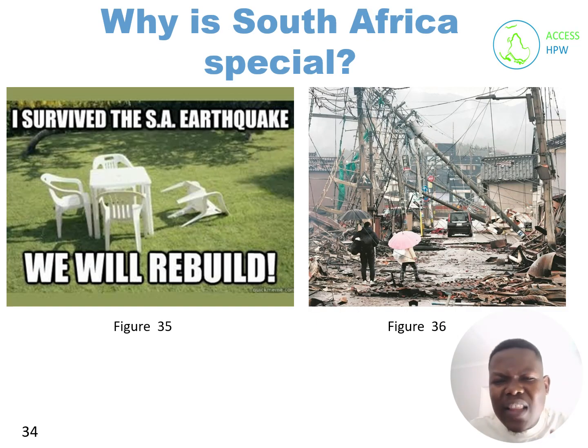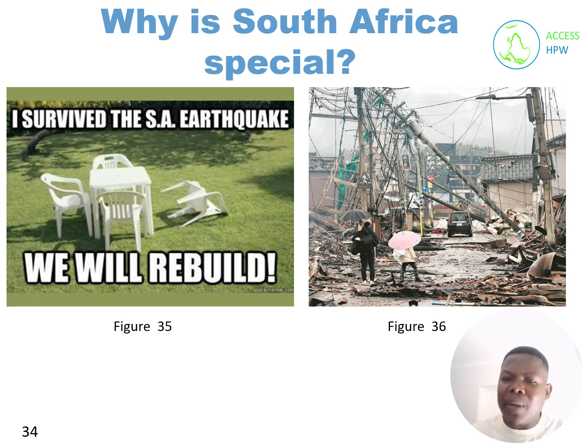So why is South Africa such a special place, right? If you remember, we talked about earthquakes. If you check in figure 36, in other countries like Japan and China, whenever they get hit by earthquakes, they lose their homes, they lose their cars, they lose their roads. In fact, the damage is so intense that it takes forever to fix, right?